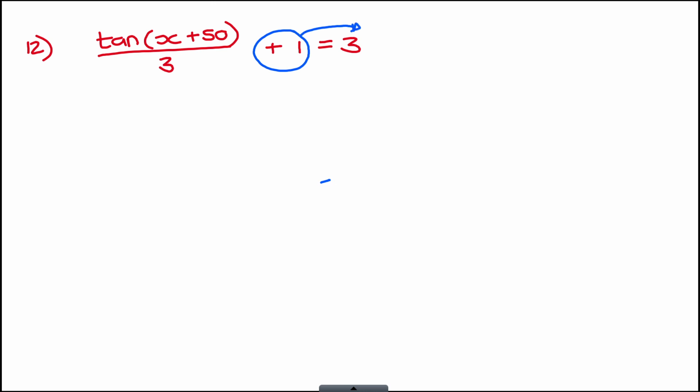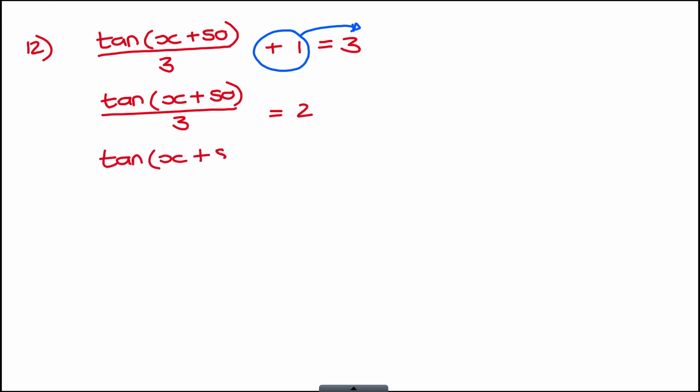So jy gaan hê, dan x plus 50 op 3 is gelyk aan, dan sit mos nou 3 minus 1, in other words, 2. Okay, and now I want to get rid of that divided by 3, so if I take it over, it becomes times 3. So I will have 10 x plus 50 is equal to 6. En dan van daar af kan jy self aangaan.